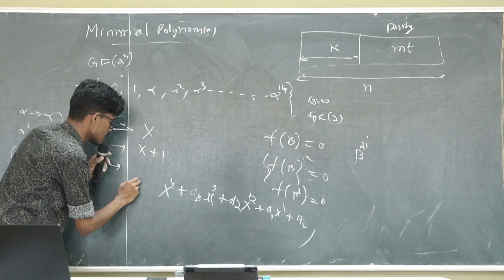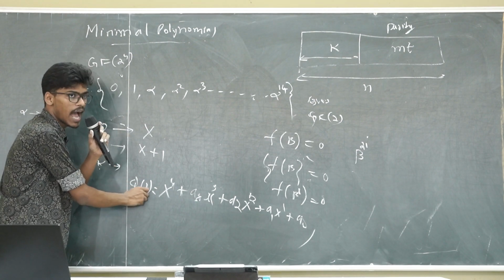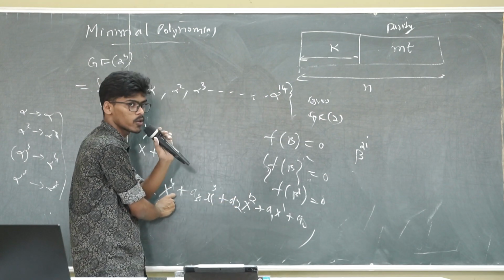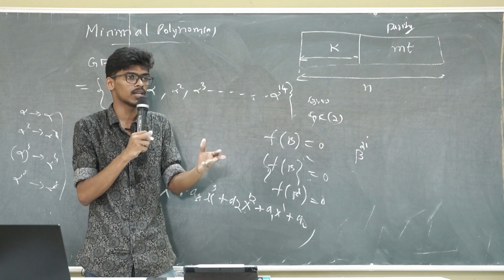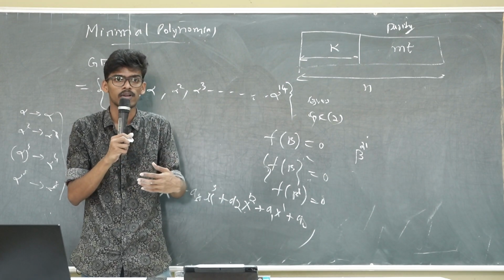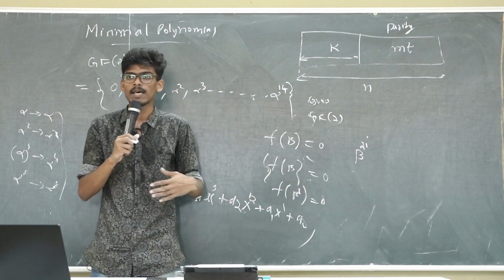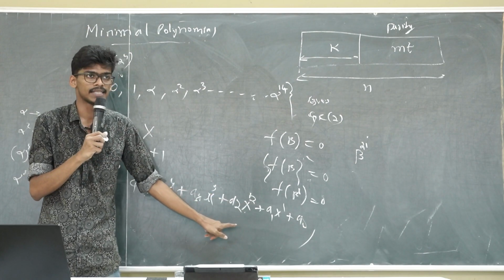You consider this as phi 1 of x. Then substitute alpha and find out all. You put alpha, alpha to the power 4, and substitute, and you will get how many equations? 3 unknowns, 3 equations, by separating alpha to the power 3, alpha to the power 2, alpha to the power 1, alpha to the power 0. You can separate and find out these coefficients.